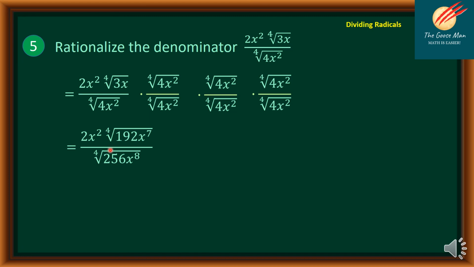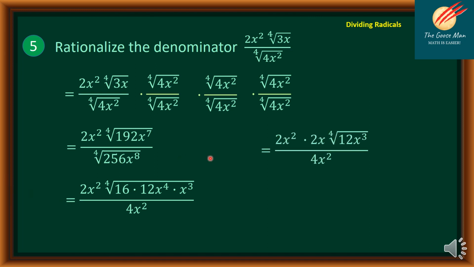But then again, I can factor 192 as 16 times 12, and x to the 7th is actually x to the 4th power times x to the 3rd power. So that I can extract the fourth root of 16 as well as the fourth root of x to the 4th power. Take note that the fourth root of 256 x to the 8th power is equal to 4x squared.